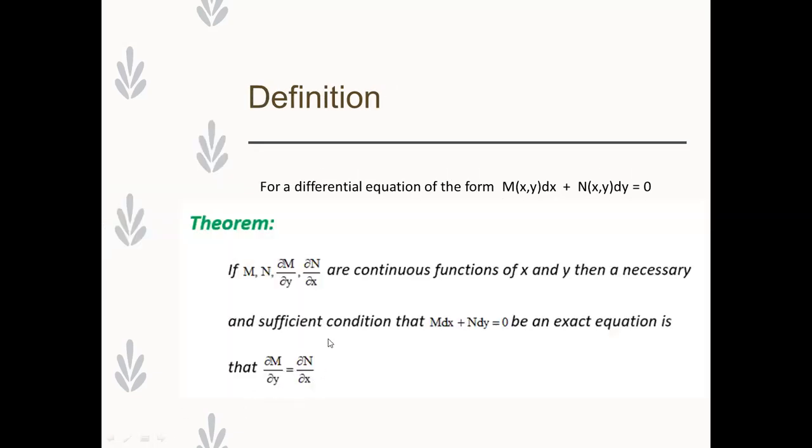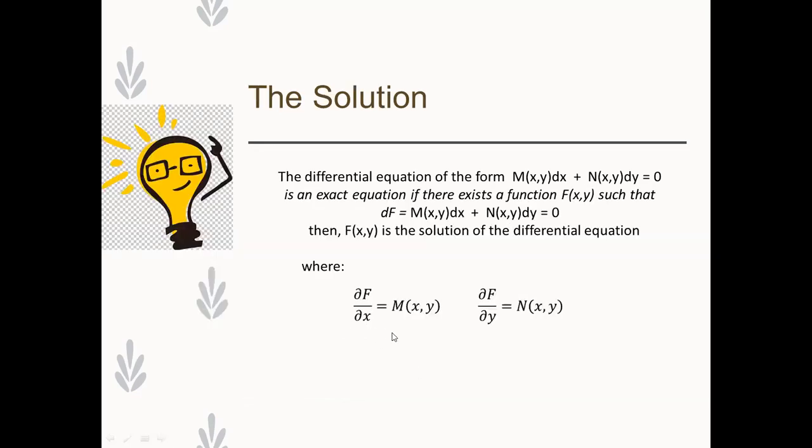Now, as for the solution, I'd like to go back to the previous page. This is your testing. So when you tested and this is true, then your DE is exact. How do you find the solution? It will require these two relationships that you will need to partially integrate. What are these two relationships? Remember that this f is already representing the solution of your differential equation, which is said to be exact.